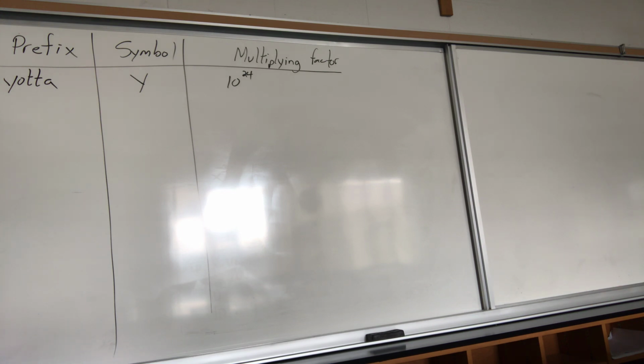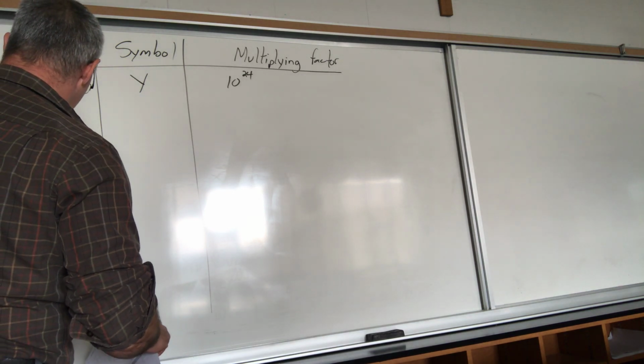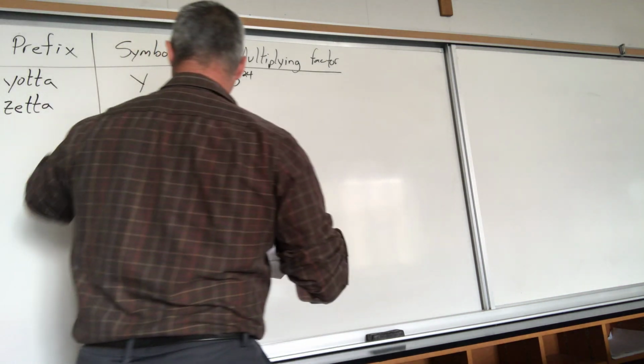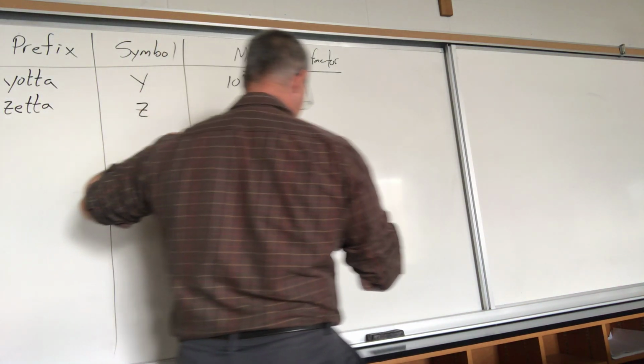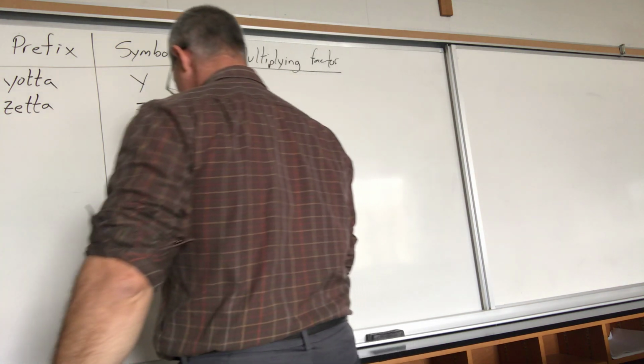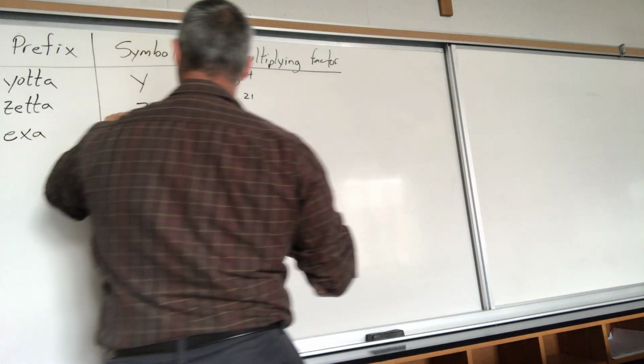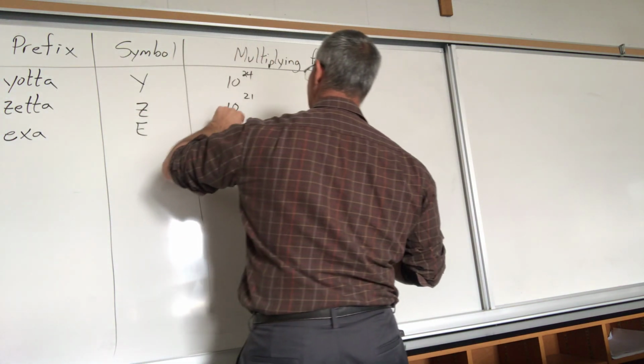I've never used Yotta, or even the next one. But at least once in your life, you'll hear about it. 10 to the 21 is zetta. I've heard of exa. Exa has a capital E, it means 10 to the power of 18.